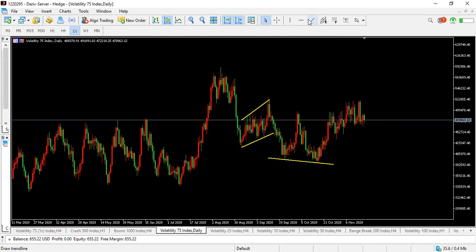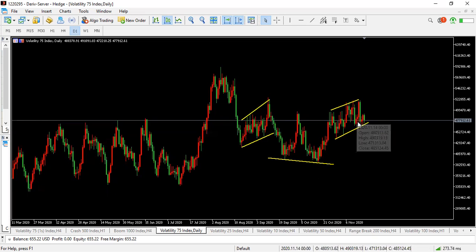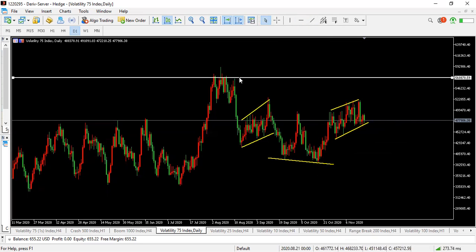Remember the nature theory: impulsive, correction, then after correction, what's next is an impulsive leg to the upside. Let me show you, guys, just to make it clear, simple and easy. You understood that this is the impulsive leg to the upside. Then the market starts to collect here, around this price level. What we expect next is the impulsive leg to the upside, guys.